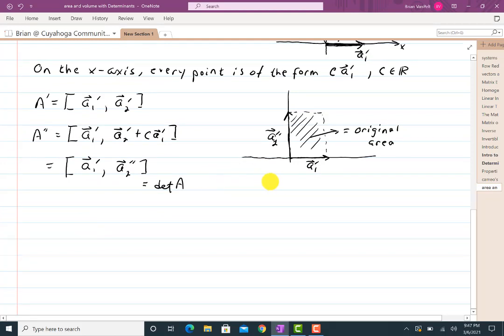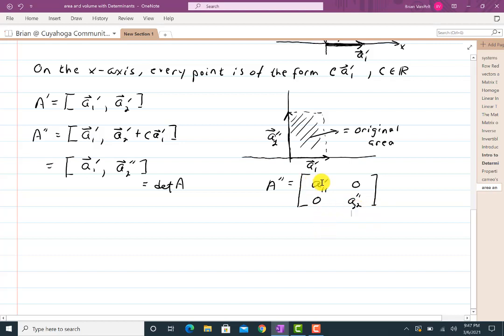By this time, I guess we could say A double prime is going to look something like this. Let's call it A11. I'm going to put a prime here, 0, and then 0, A2 double prime. Let me call it A22 so it's in the right spot.